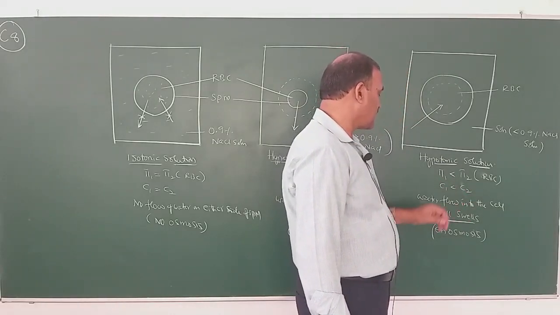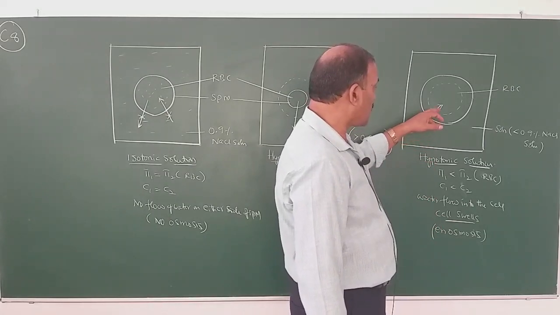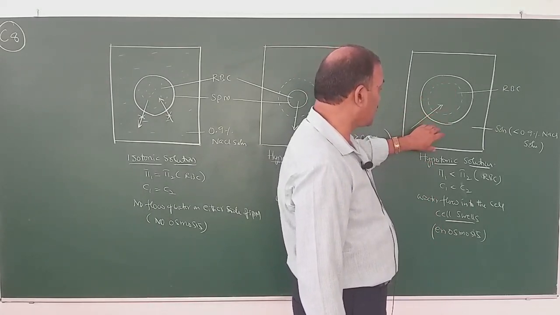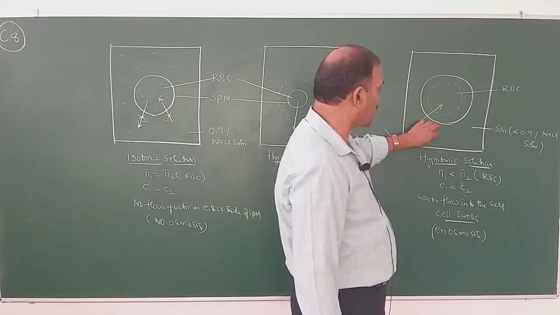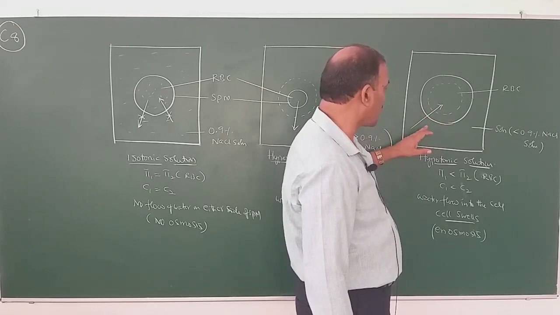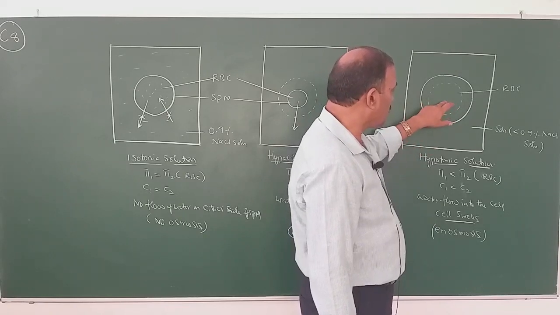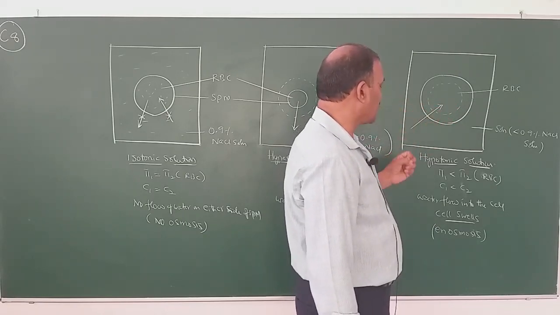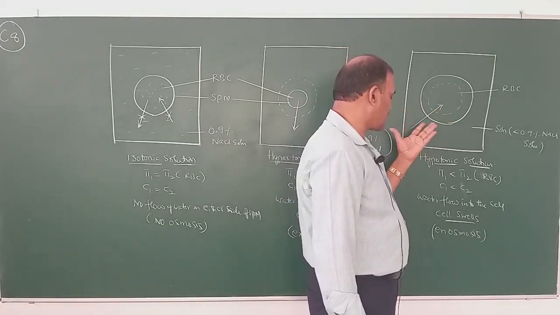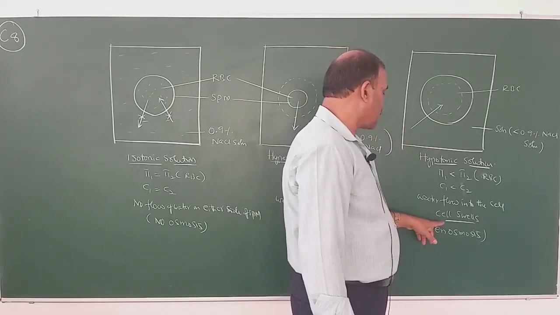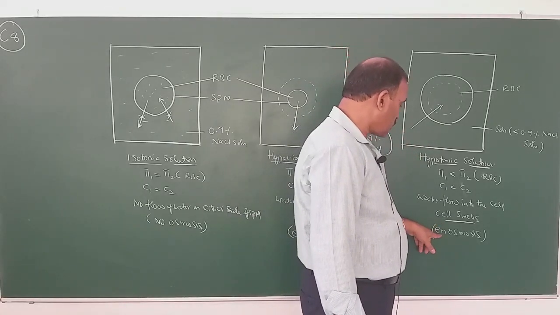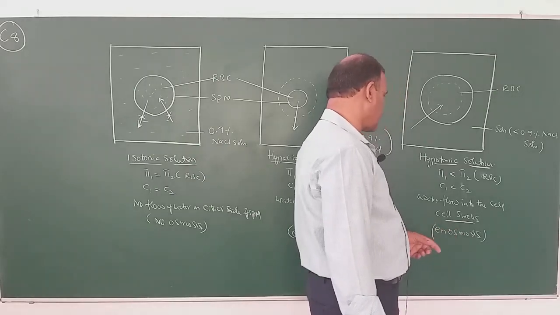C1 is less than C2. So when the concentration of the cell is greater than the concentration of the solution which is present outside, what happens? Due to osmosis, the solvent flows into the cell. As a result, the cell swells. This process is also called endosmosis.